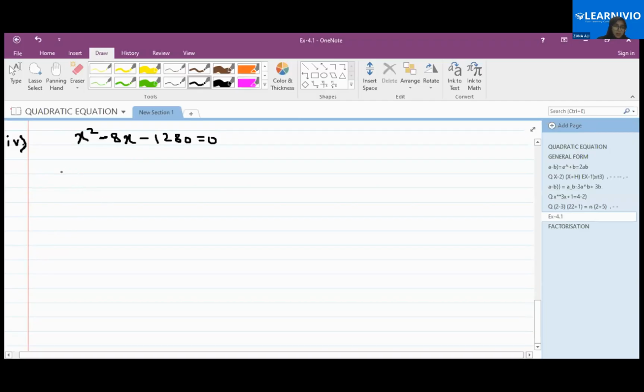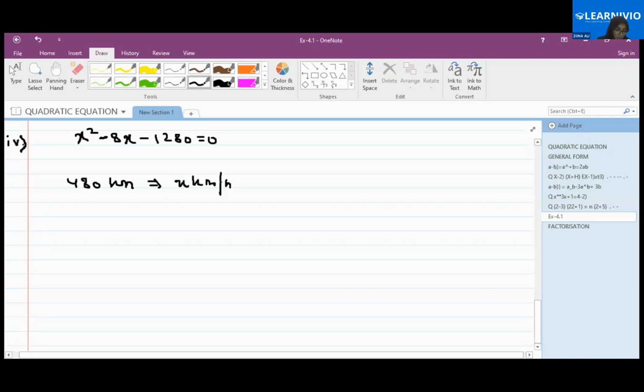So let's say that a train travels 480 kilometers at a uniform speed, let's say x kilometers per hour. Let me write it.